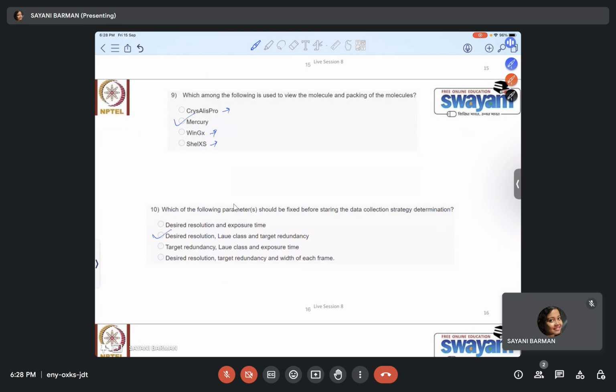Because before starting the data collection for single crystal X-ray, we must consider the crystal quality and crystal size.